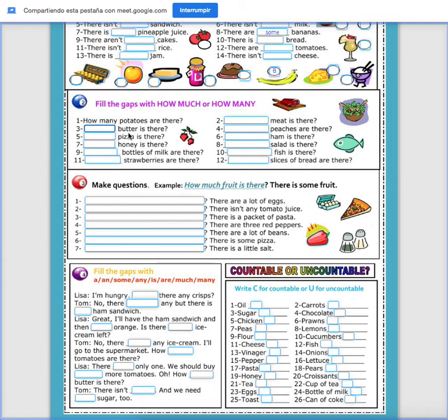So tell me, butter is countable or uncountable? Uncountable. You can't count butter. So what do you use? How much or how many? How much. ¿Por qué? Porque utilizas how much con cosas que no son contables. And that's what you have to do.